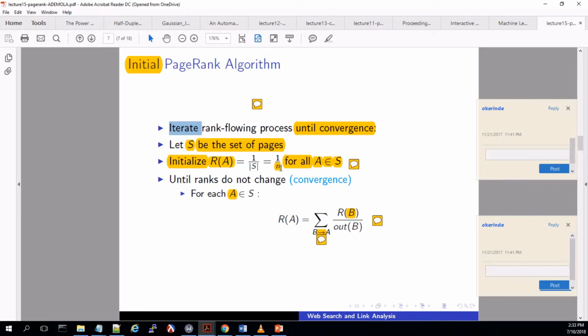So which is 1 over n for all of the pages that are part of the set of pages.